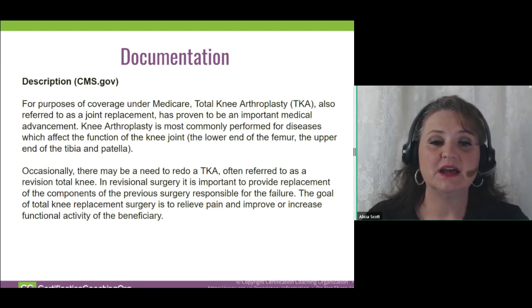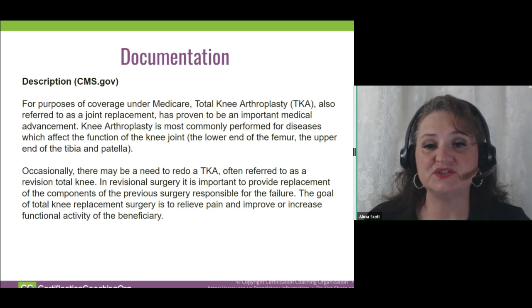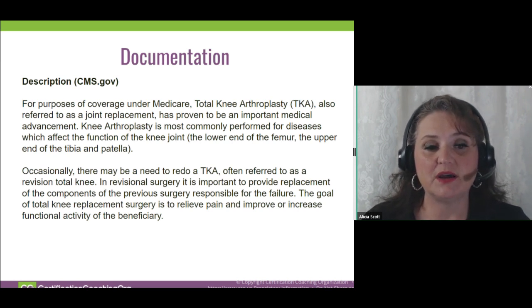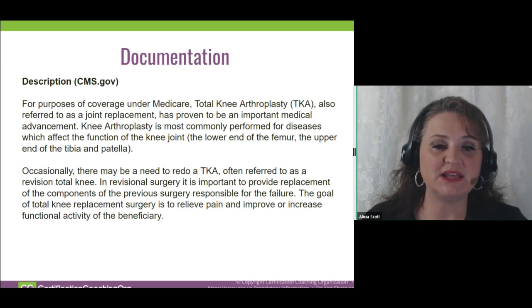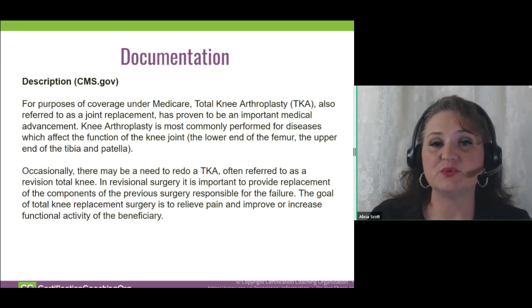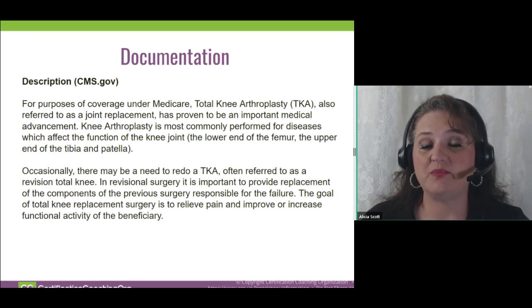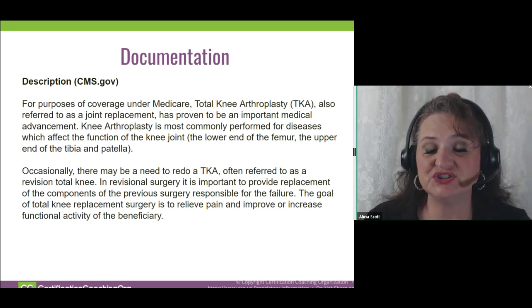It said for the TKA, we need to know how the function of the joint is being affected, and also there could be a revision, a revisional total knee surgery, the replacement of the components, and if there was a previous surgery and it was a failure, then you might see a revision of a TKA.